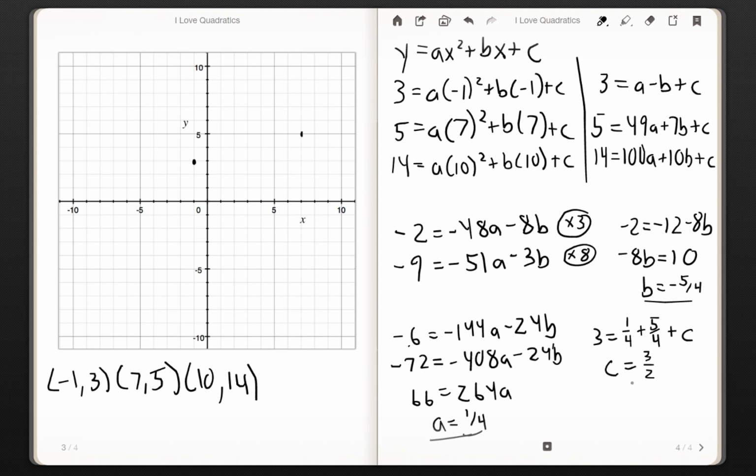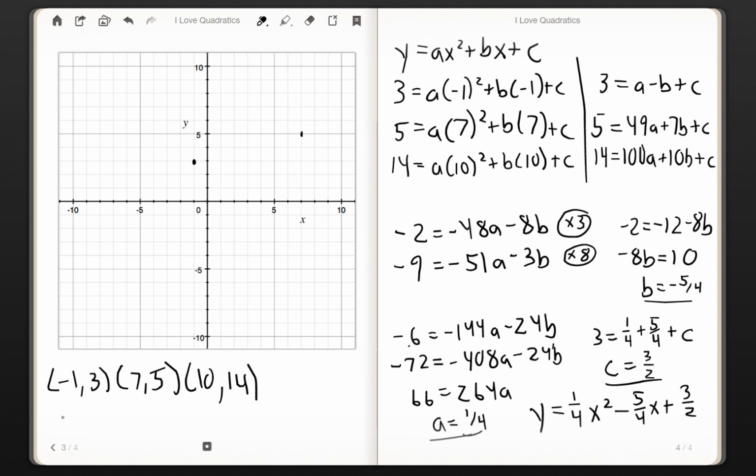So that's 3/2. And there we go. We have all three of our variables. So the equation is y equals 1/4 x squared minus 5/4 x plus c of 3/2.